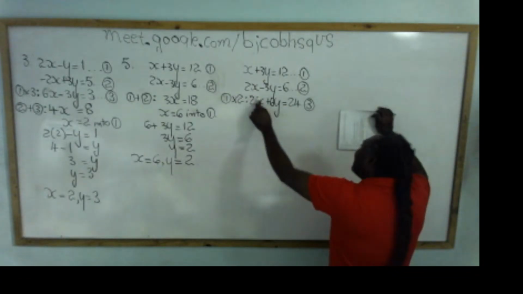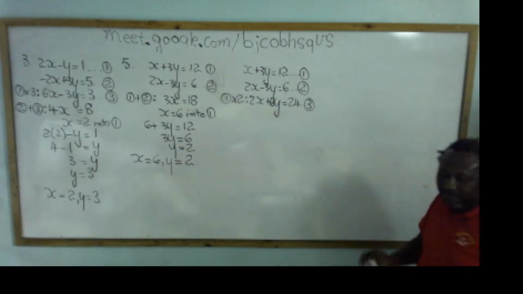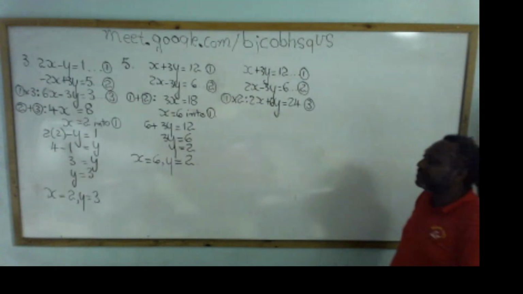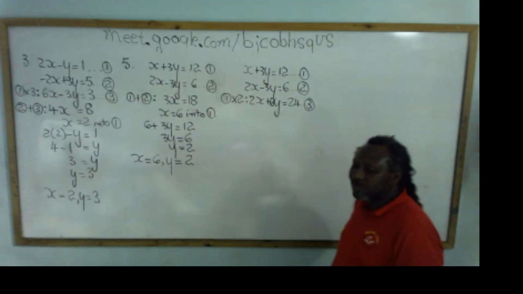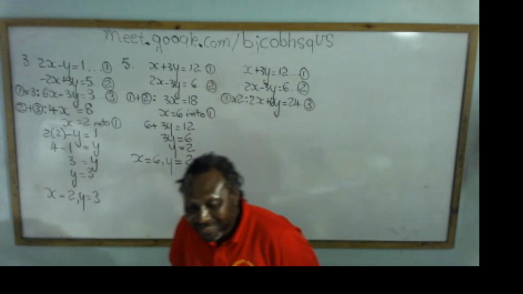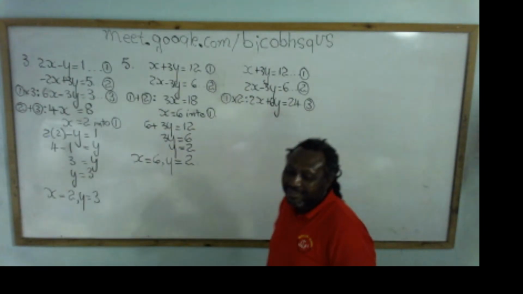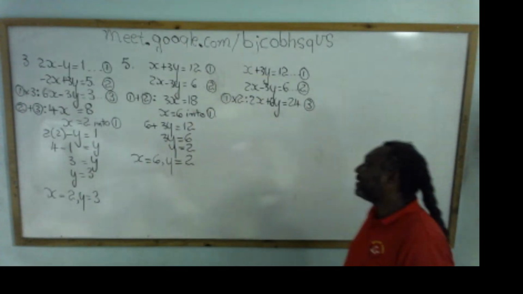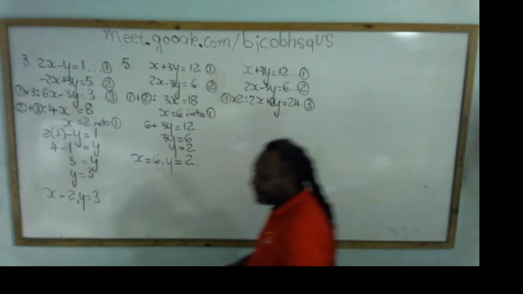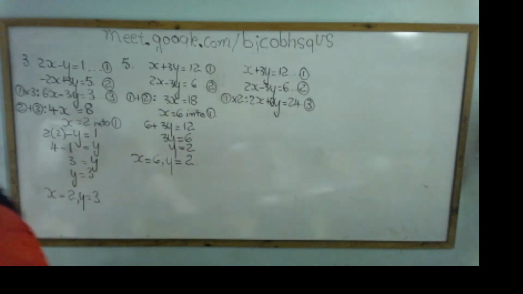Now, what do we have? We do not have additive inverses. As a matter of fact, they are identical, so we will subtract. And can I say it again, students? If you do not manipulate your directed numbers in a very efficient way, then we are always going to have difficulties. Yes.